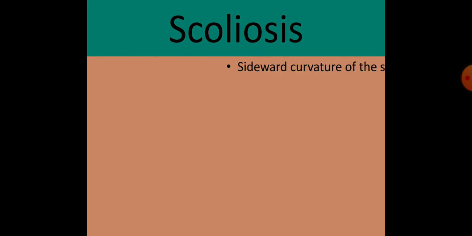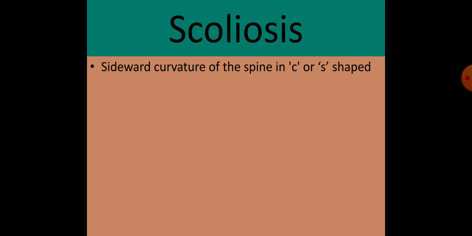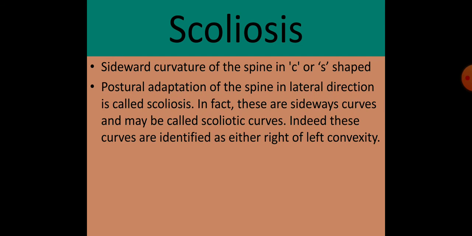We will move to the next one, that is scoliosis. Scoliosis is the sideward curvature of the spine in a C or S curve.